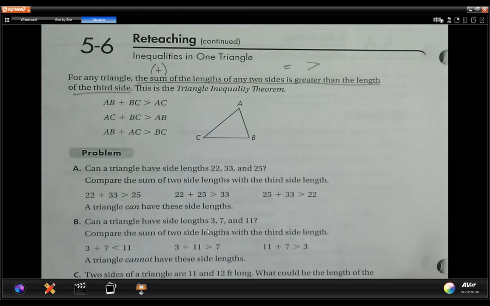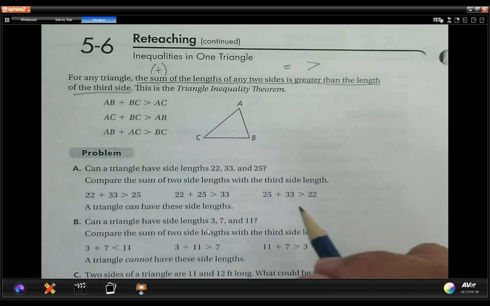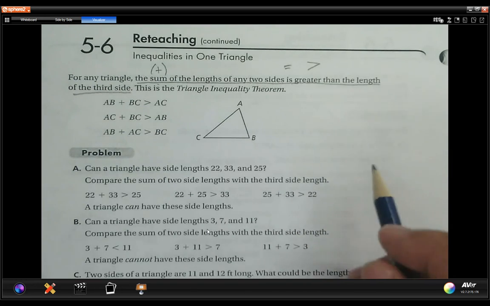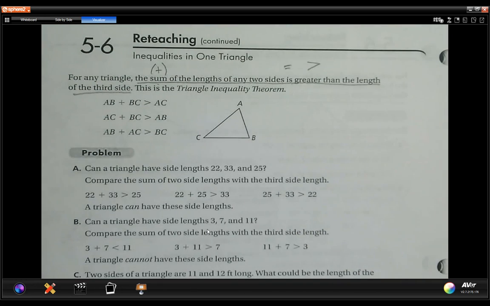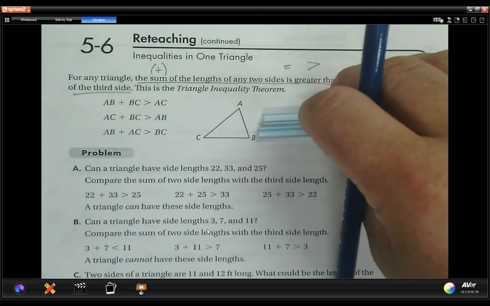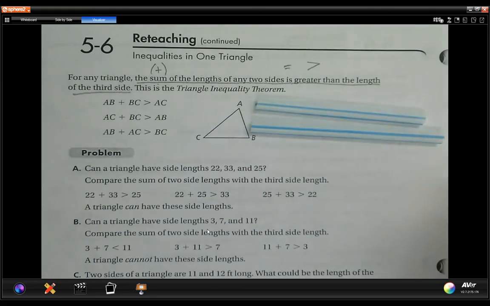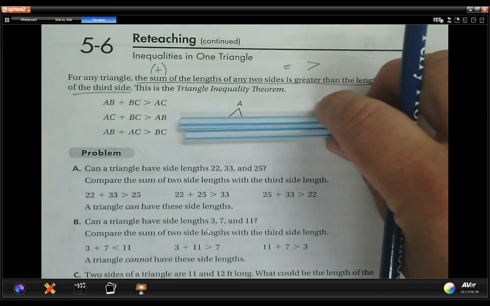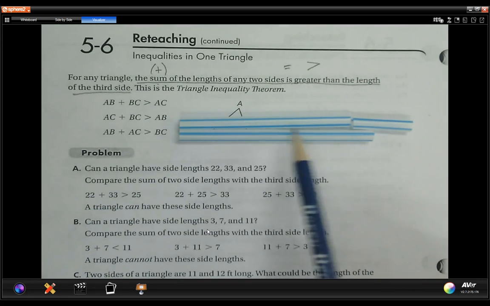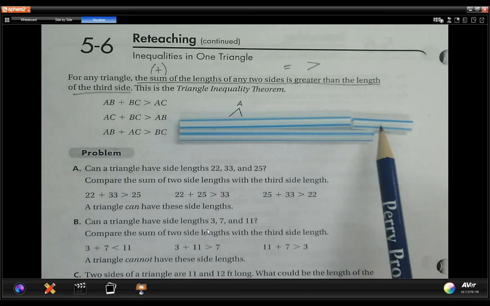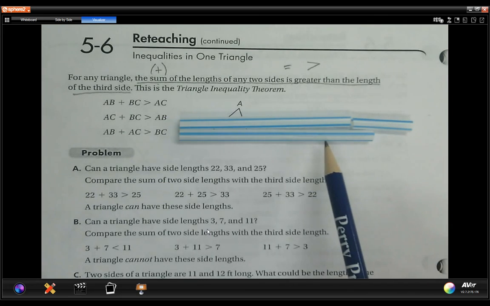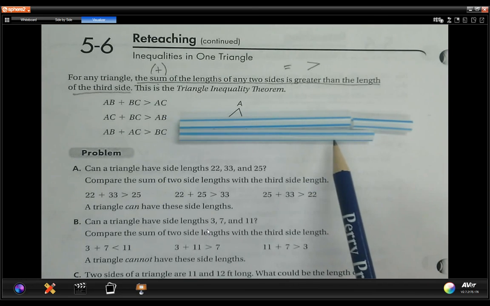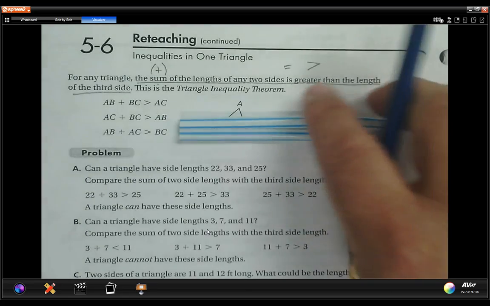So here's what I want you to think about. If you take the two smallest sides of a triangle, it has to be greater than the length of the third side, just like this one right here. I'm going to show you the blue one here again real quick. So here's what we're basically saying. If you add up the two smaller sides and they are greater than the length of the third side or the longest side, then it will make a triangle.